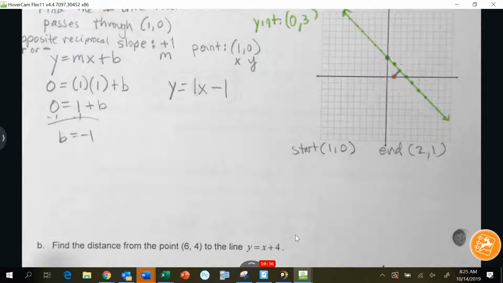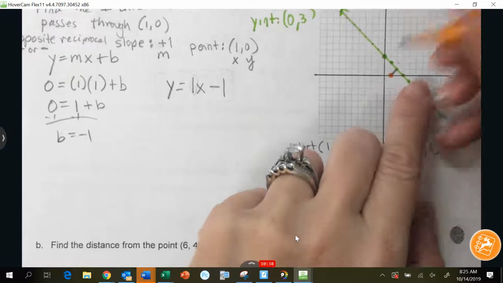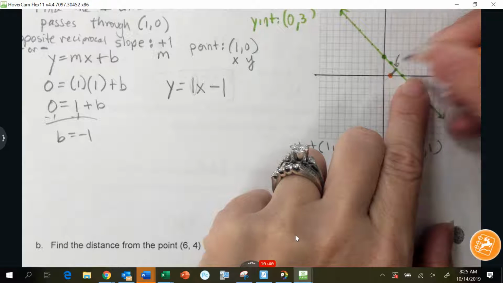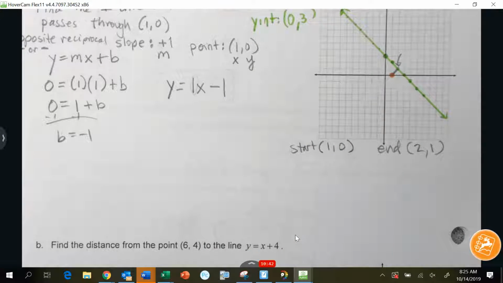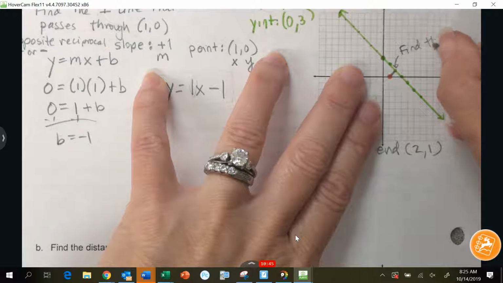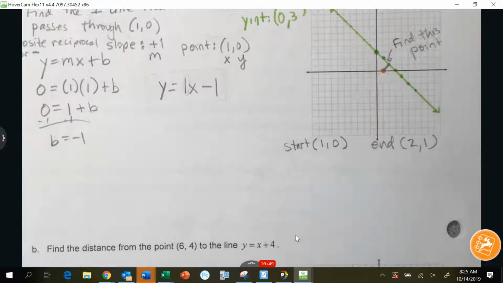So what we would do is we need to find this point that the two lines have in common. And to find that point, we're going to take our equations and find when they are both equal to the same thing. We're going to do something that you learned in Algebra 1 called solving a system.